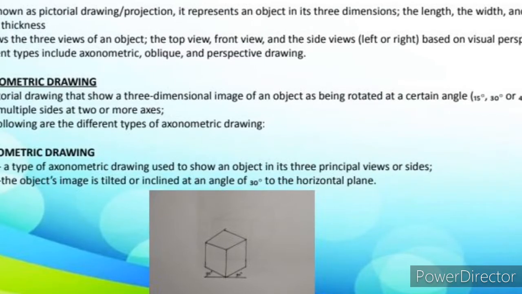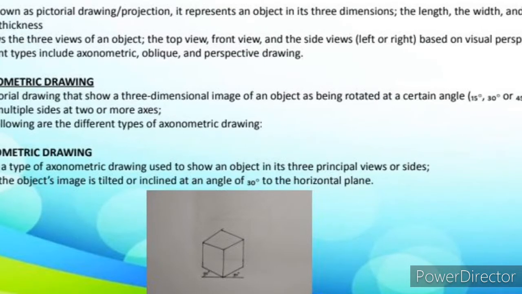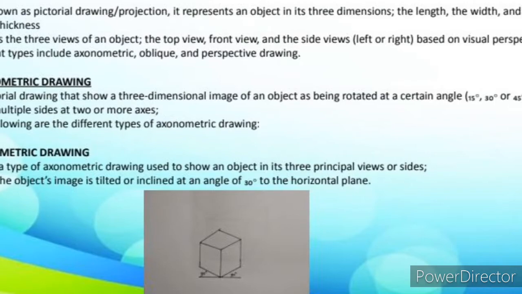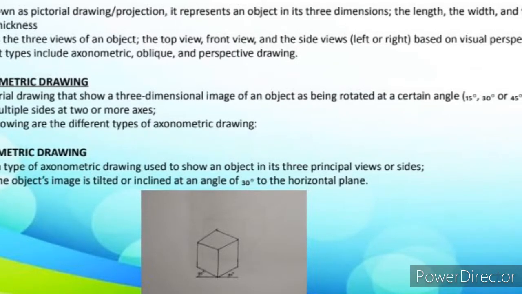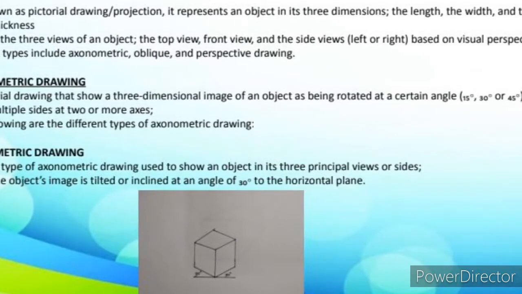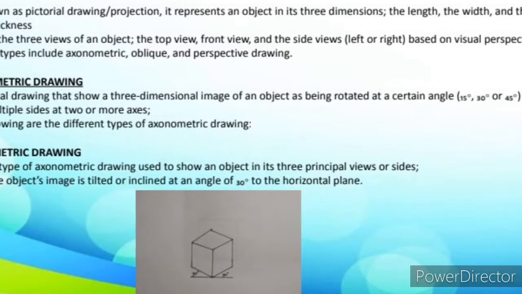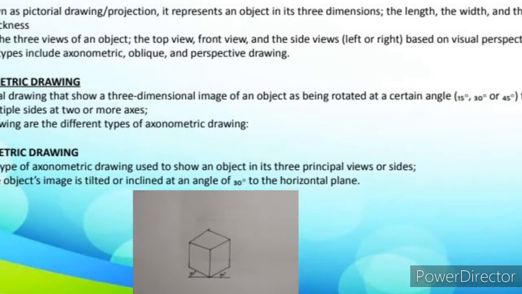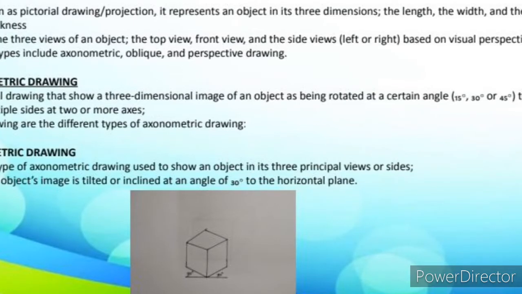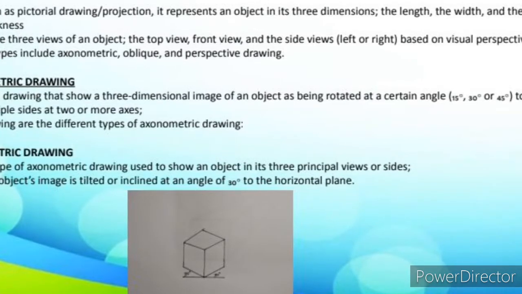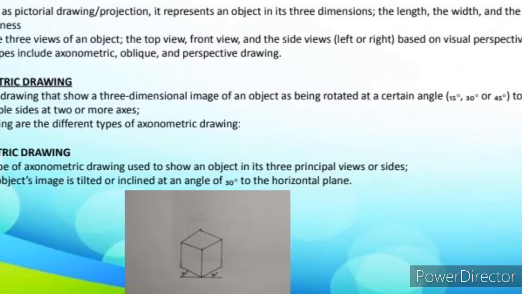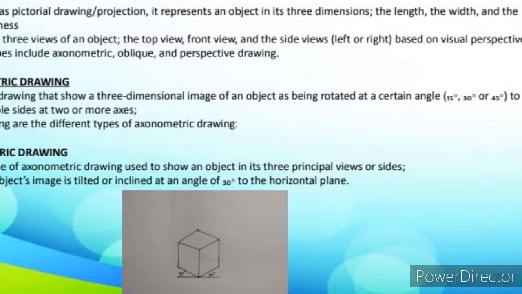First is the axonometric drawing, a pictorial drawing that shows a three-dimensional image of an object as being rotated at a certain angle, 15 degrees, 30 degrees, or 55 degrees, to show its multiple sides at two or more axes. The following are the different types of axonometric drawing.